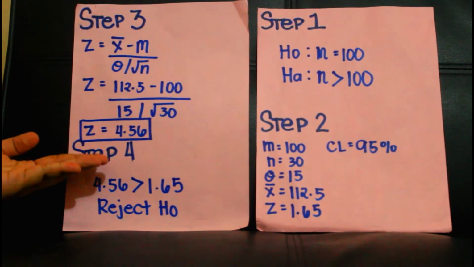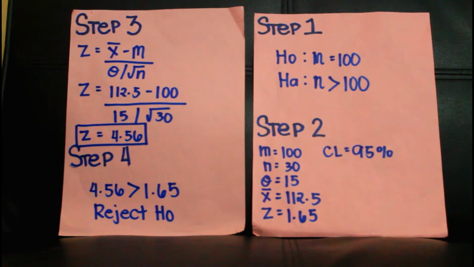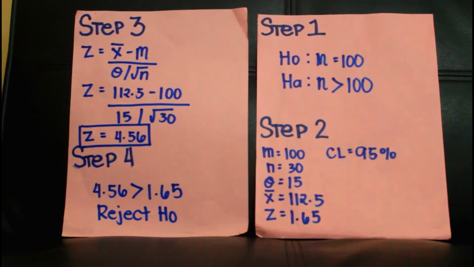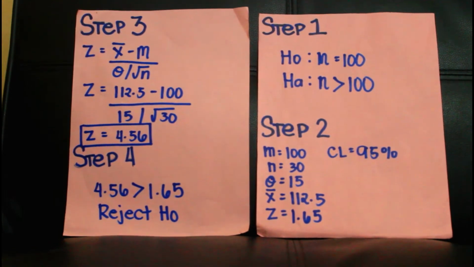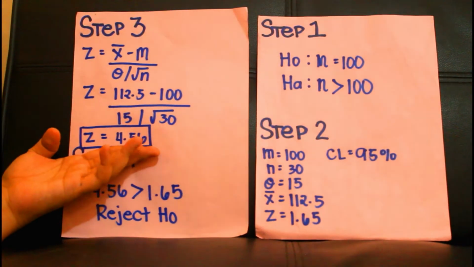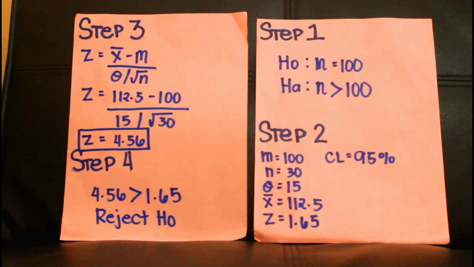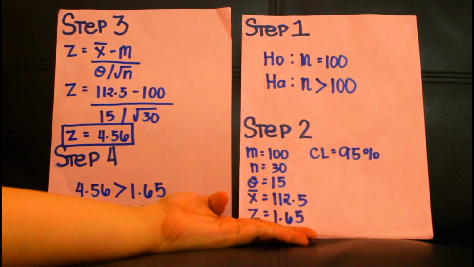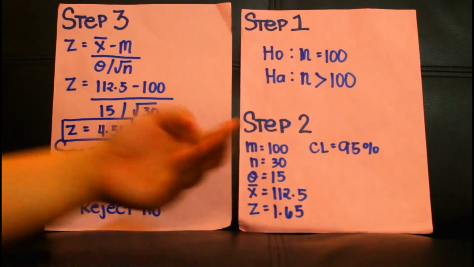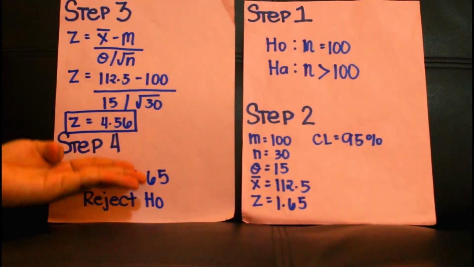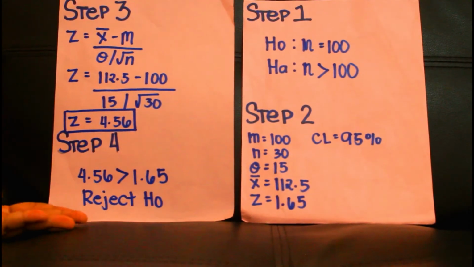Step 4. Decision. In this step, we will decide if the null is accepted or rejected. The computed value is the answer in step 3, which is 4.56. And the critical value is the z-score na nakuha natin sa step 2, which is 1.65. 4.56 is greater than 1.65.